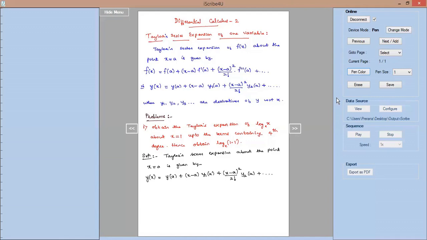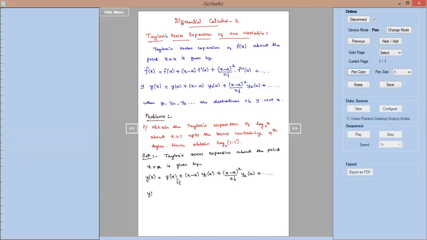Now we will substitute the value of a. It is given in the data that x is equal to 1. So x is equal to a is compared with x is equal to 1, so we have to take the value of a equal to 1, and we'll rewrite this formula with a equal to 1.